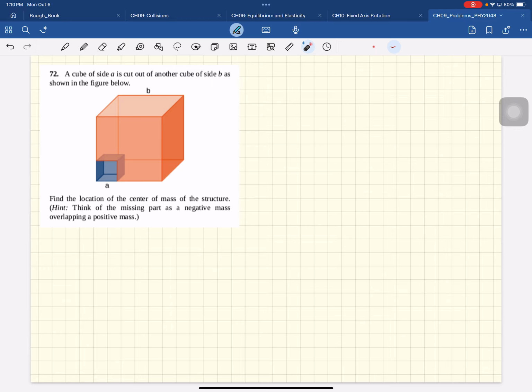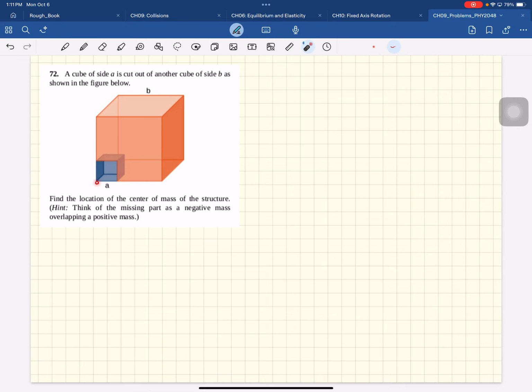Okay, this problem says a cube of side a is cut into another cube. So you cut this cube and throw it away, as shown in the figure. Find the location of the center of mass of the structure. When the whole thing was there, when this was full as well, the center of mass would be at the geometric center.